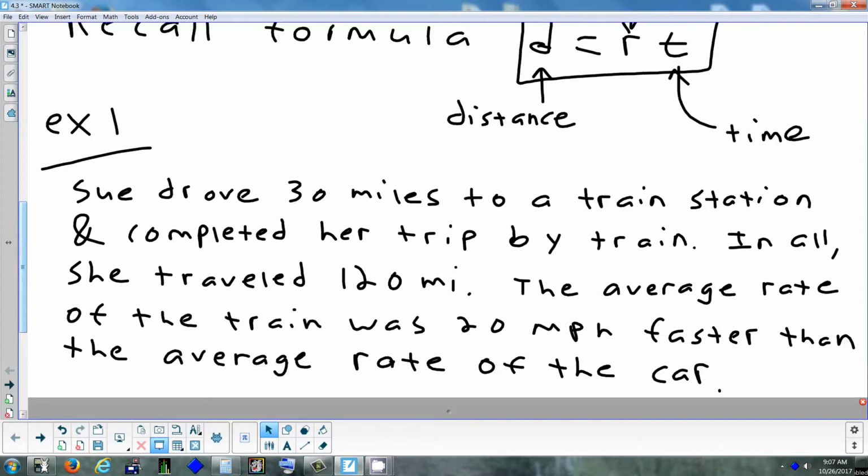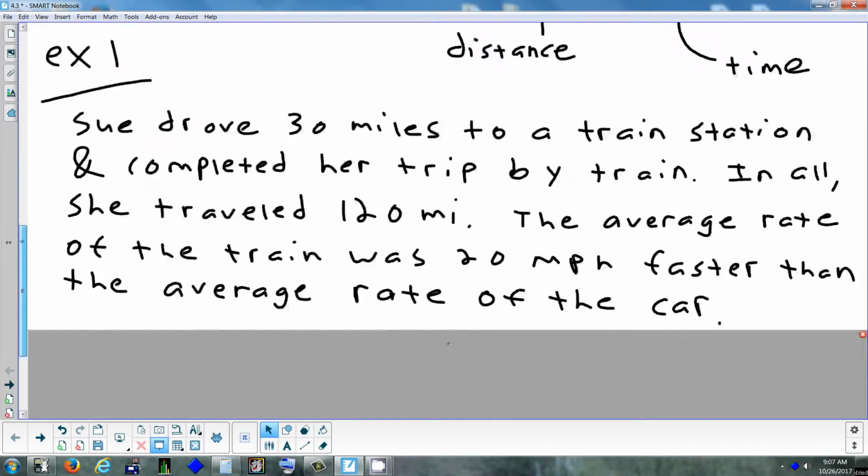All we know relatively is that the train traveled on average 20 miles per hour faster than the car. Any questions on the background information there? There might be some other things you could figure out based on what they've given you. I think there's one thing relating to a distance that you could figure out, and we're going to need that in a little bit.